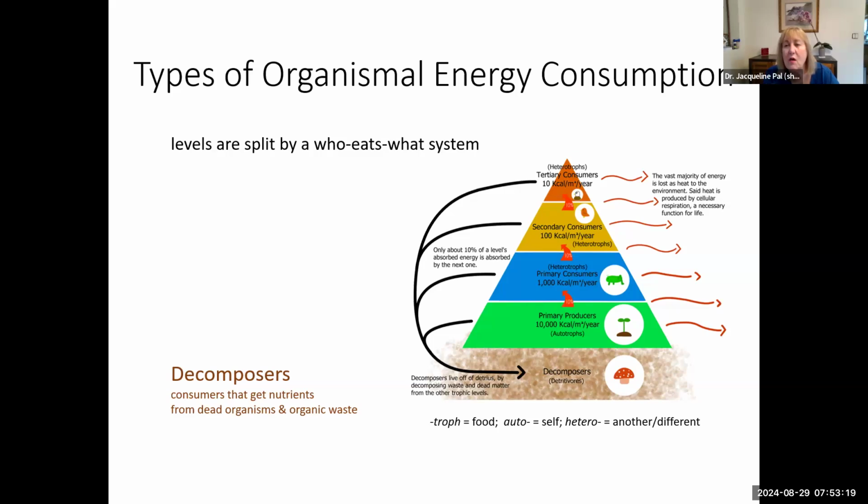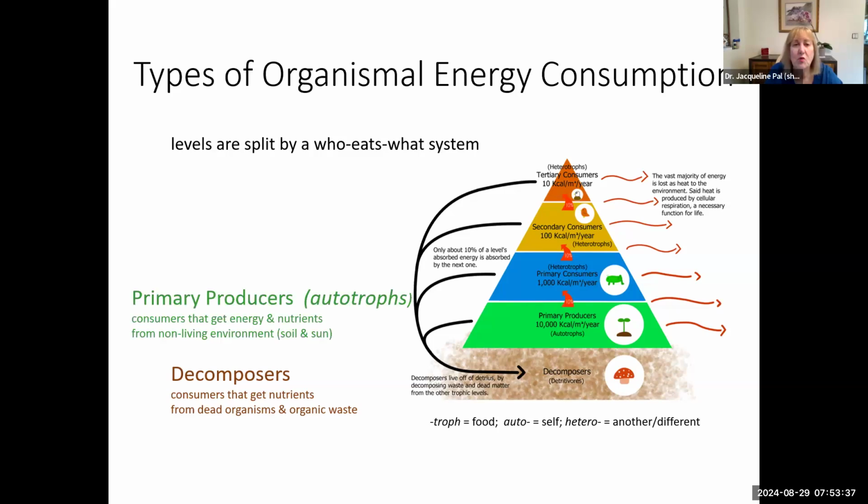So think we had like mushrooms down there, and you have some organisms, some slimes and things like that that would grow and could get nutrients from the soil. And then you had primary producers that would get their energy and nutrients from the soil and the sun.